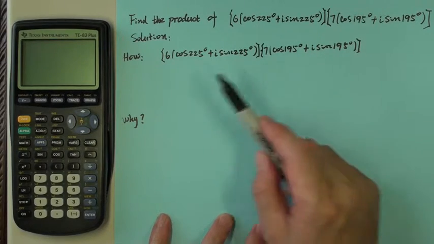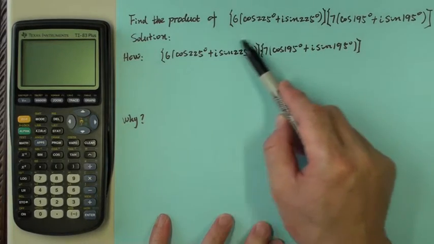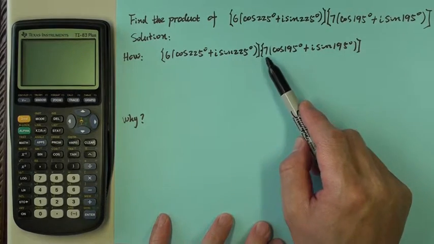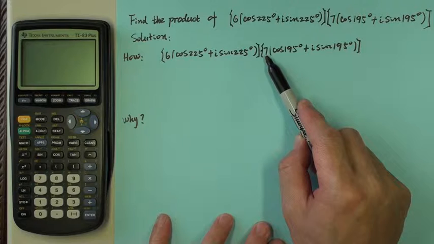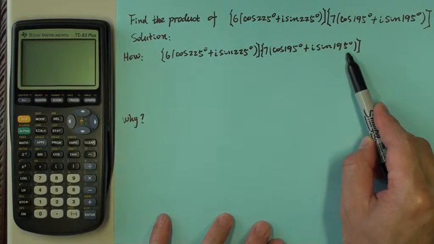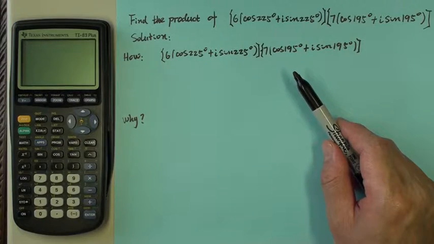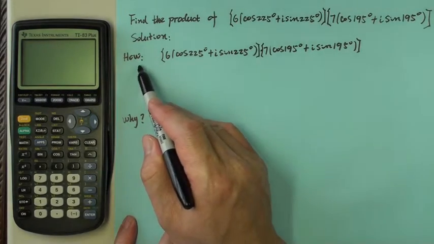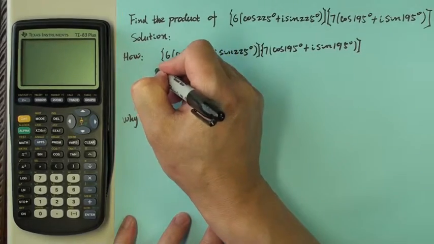So basically 6 with this quantity is a multiplication relationship. So is the case for 7 and this expression. So first we want to see how to do it.